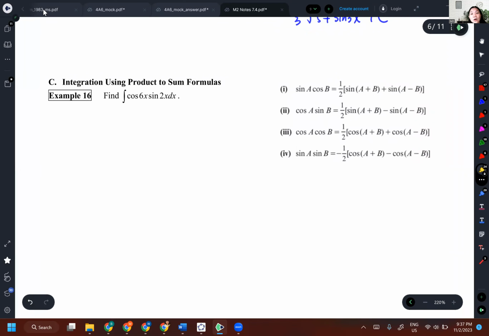The first one is product to sum. When you see cosine multiply sine, when you see anything multiply anything, that means the power is high. To my understanding, the power is high. You need to reduce the power. And to reduce the power, the most efficient is to use the product to sum.